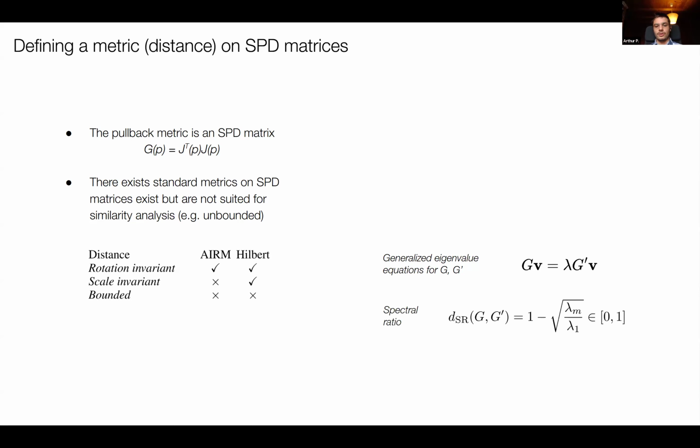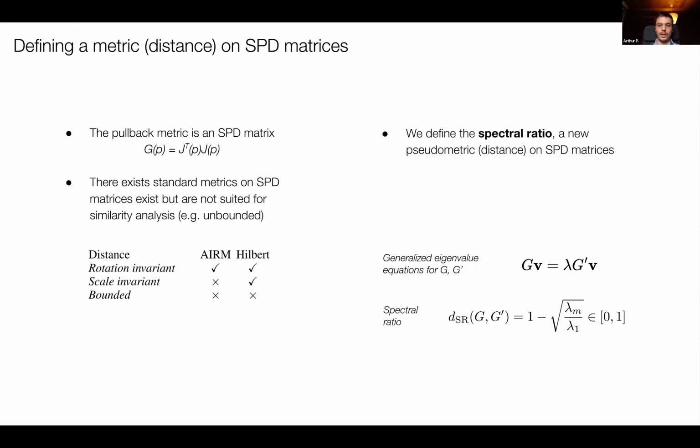We define the spectral ratio as a distance between the two SPD matrices as 1 minus the square root of the ratio of the smallest to largest generalized eigenvalue. Naturally, this number is going to be between 0 and 1 because the smallest generalized eigenvalue is always smaller than or equal to the largest.